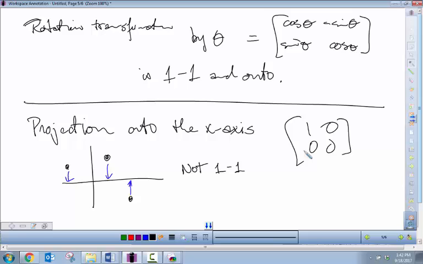(1, 1) and (1, 2) both go to the same point, (1, 0).